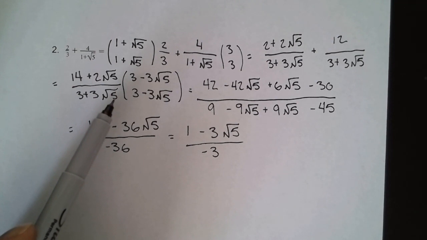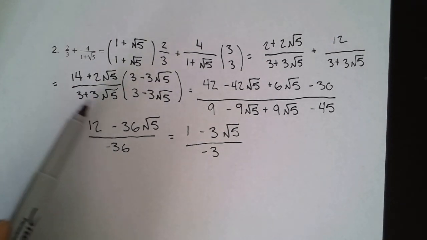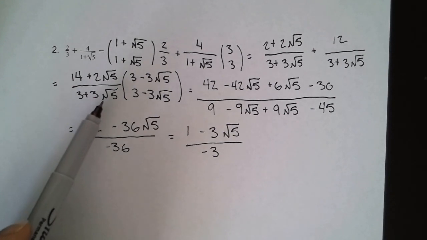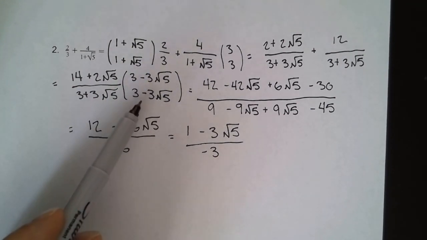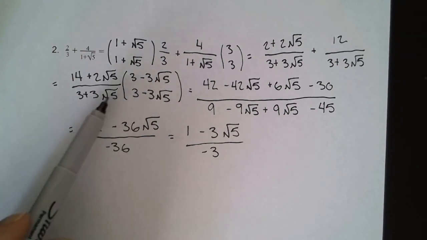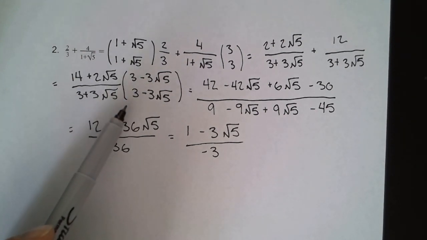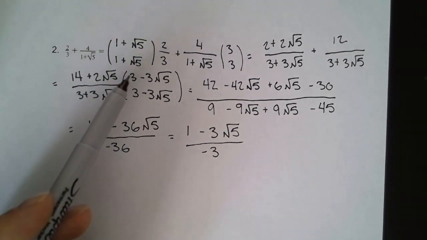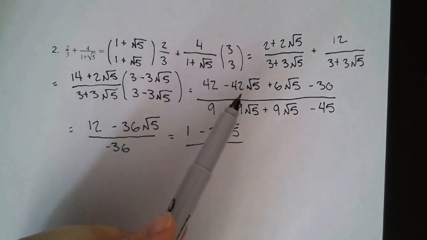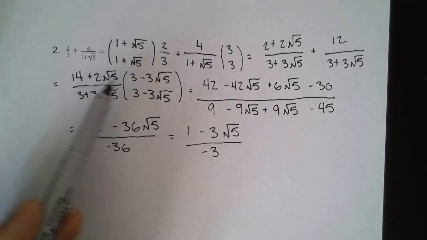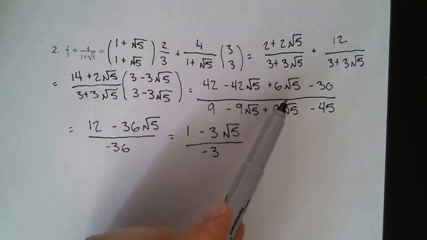The next step is to rationalize. So this denominator here, 3 plus 3 root 5, the conjugate for that is 3 minus 3 root 5. So I multiplied the top and the bottom by that to get rid of this radical in the denominator. So when you multiply out your numerator, 14 times 3 is 42. 14 times negative 3 root 5 is negative 42 root 5. 2 root 5 times 3 is 6 root 5.